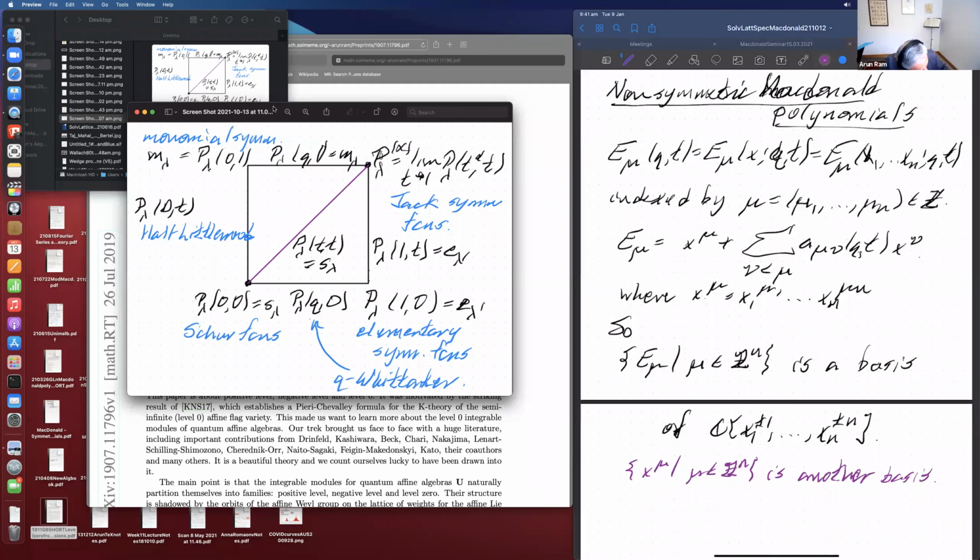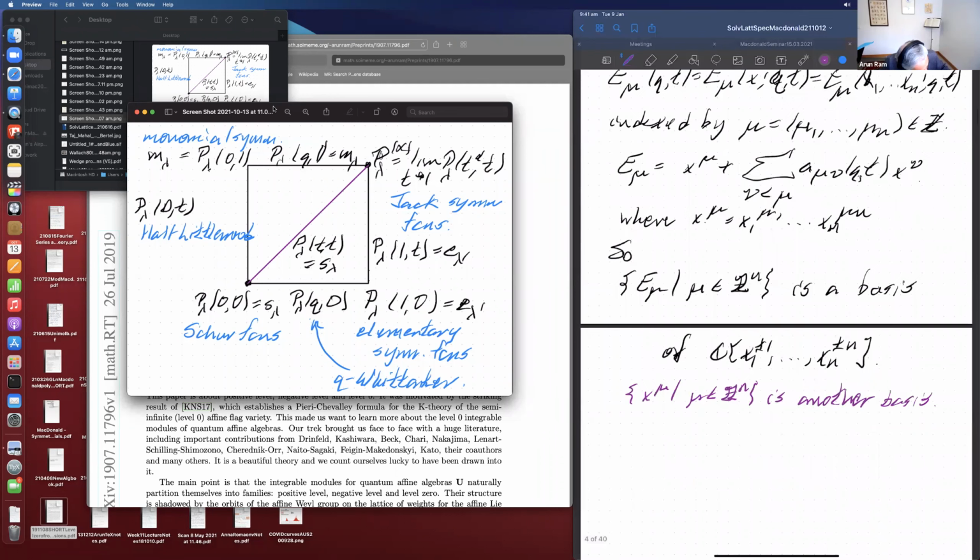All right, now one of my favorite formulas from that point of view for the symmetric Macdonald polynomials is the following.